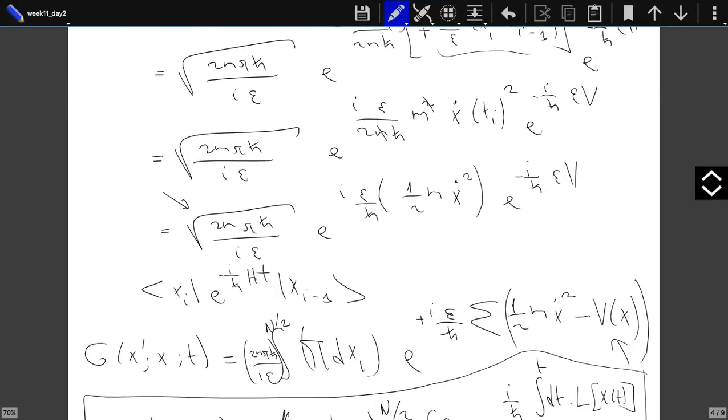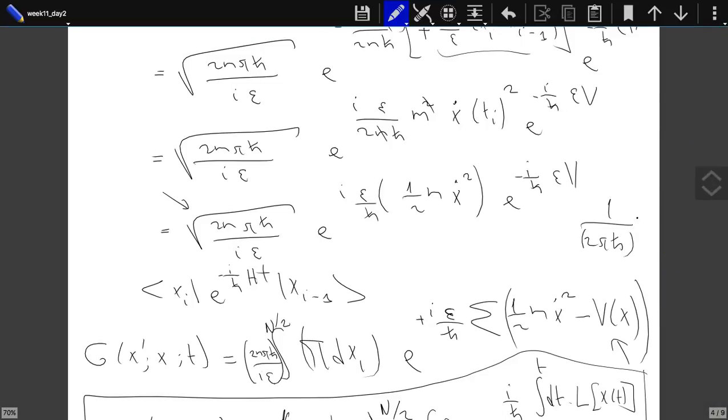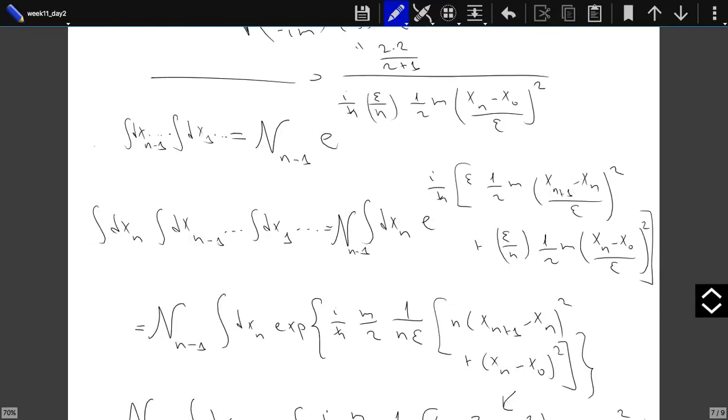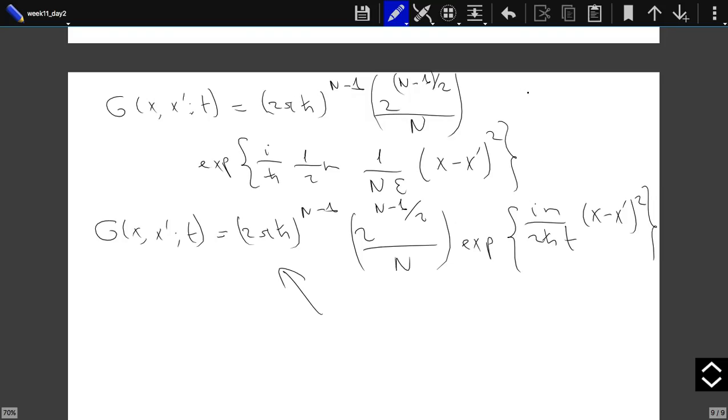So here we have 1 over 2 pi h bar for each momentum integral. Well, we have n minus 1 of those. So we should correct our final result by dividing by 2 pi h bar to the power n minus 1. This is the correction. We had forgotten this factor.